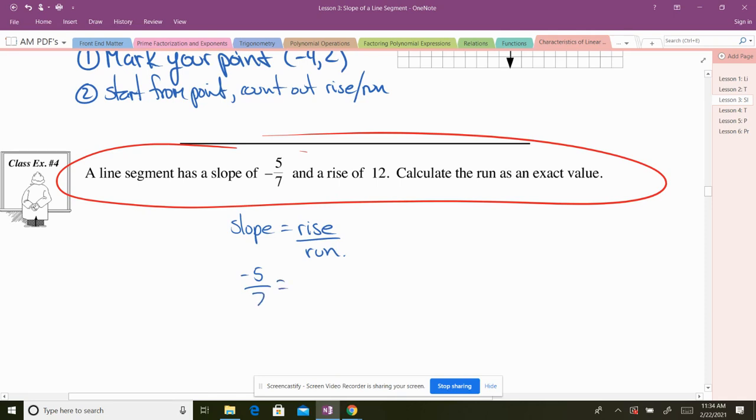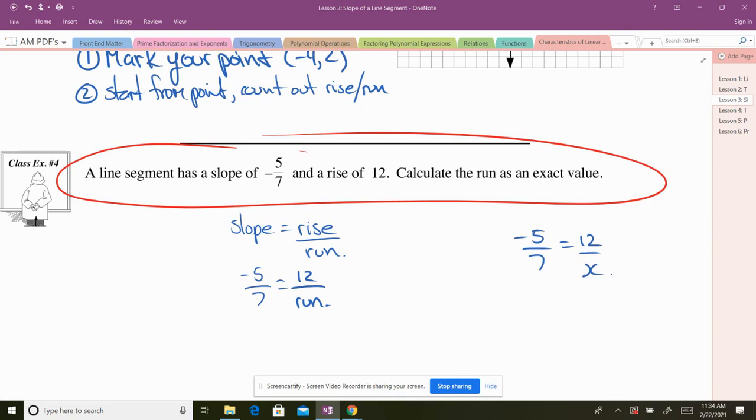-5/7. What's my rise? So you replace the rise with 12. I'm trying to find the run. This is the exact same equation. How do I solve for x in that equation? Okay.